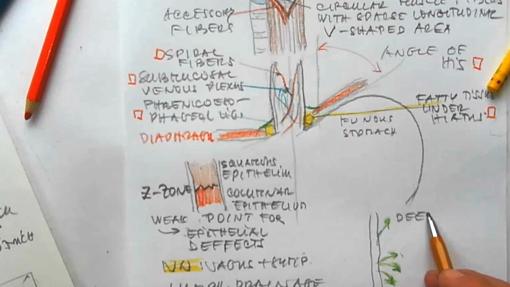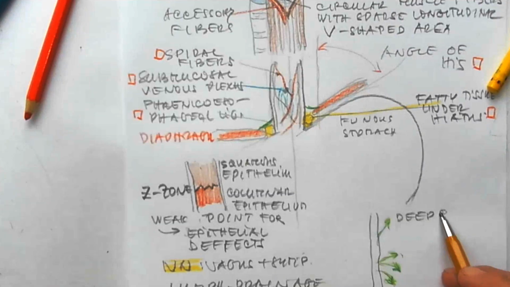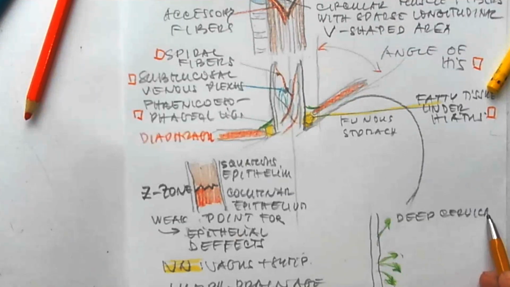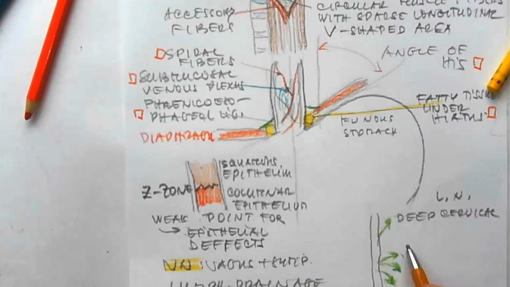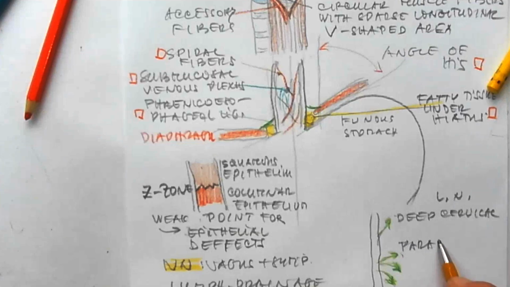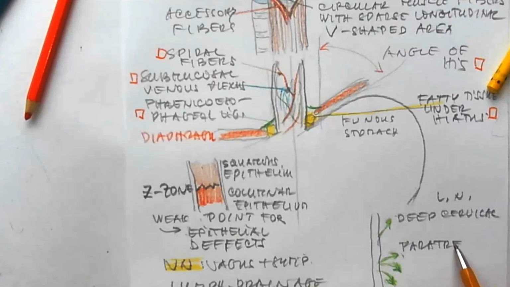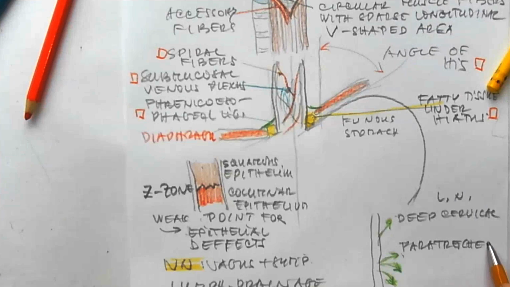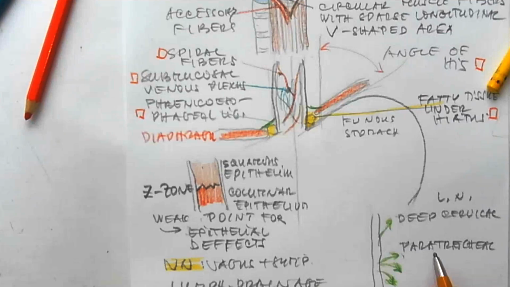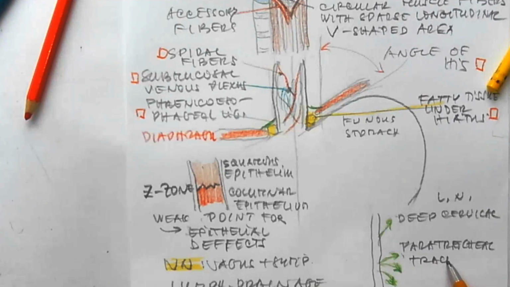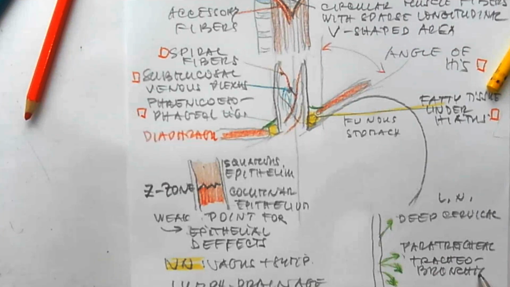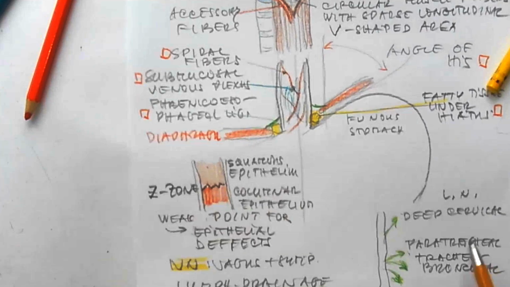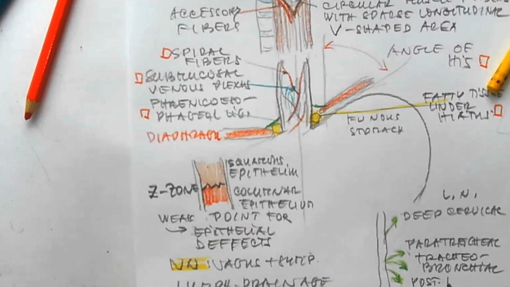So drainage to the cervical, deep cervical lymph nodes, logically. Then paratracheal, of course, because it's in close proximity, then tracheobronchial, bronchial, yes, and then finally posterior mediastinal.